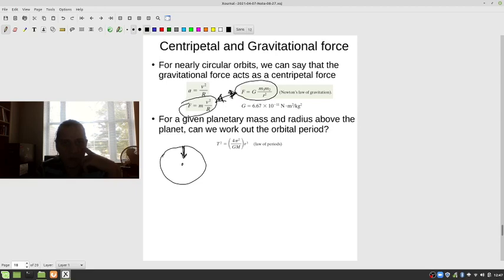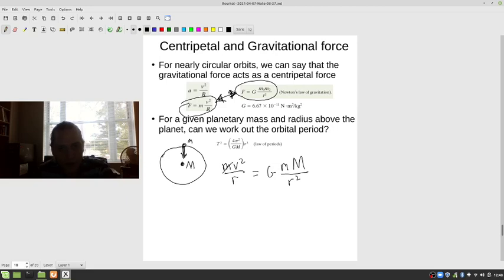In that case, I can set those two equal to each other, and we should be able to recover Kepler's law of periods. Can we do it? Let's see. I'm going to say m v squared over r equals G, using the same symbol for r in both, little r, times big M, where little m is our little mass and big M is the big mass in the middle, over r squared.